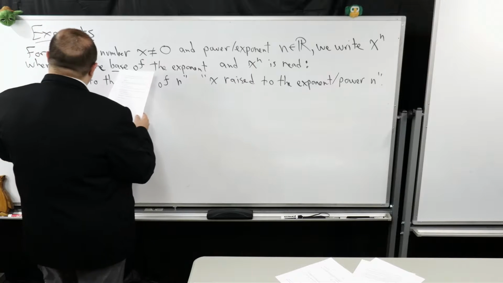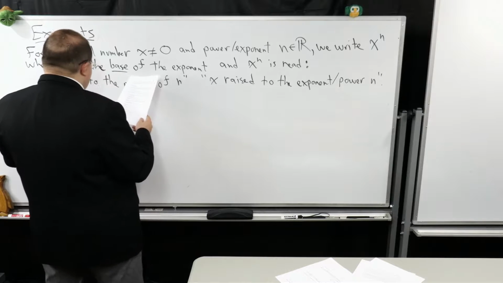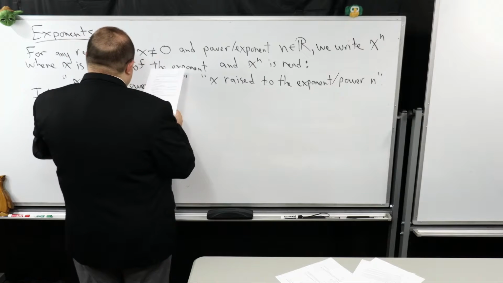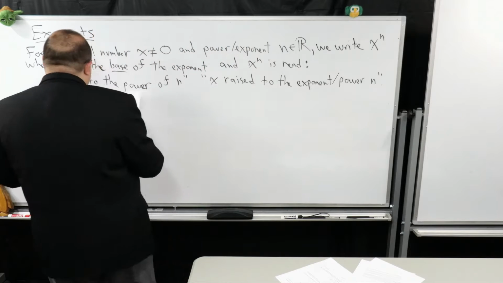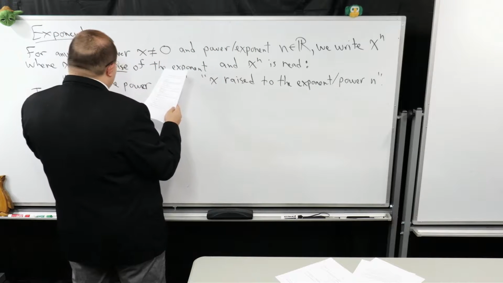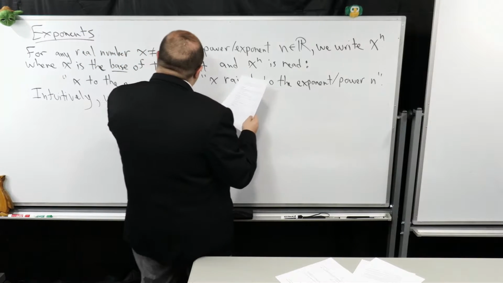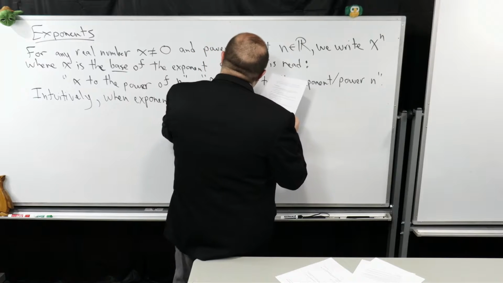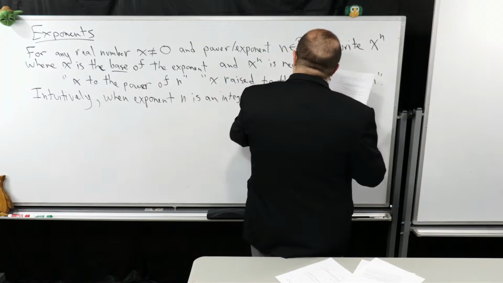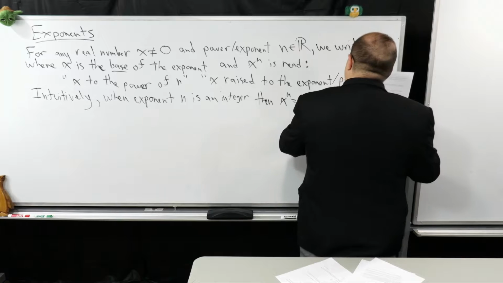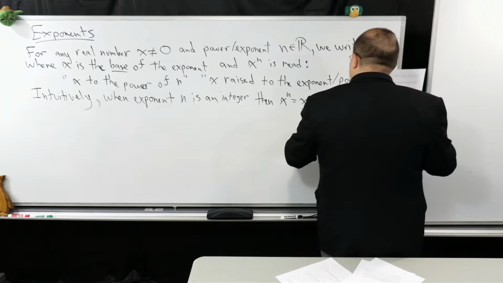Intuitively, when the exponent n is an integer, then x to the n is equal to x times x, all products of x, and this is done n times.